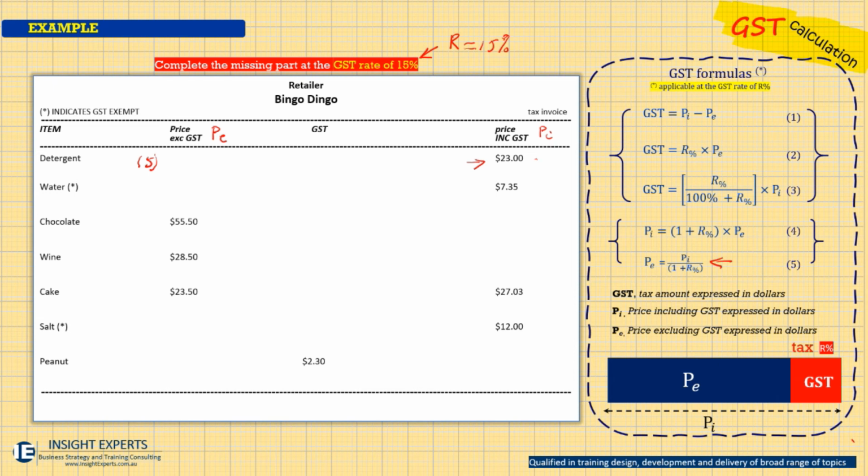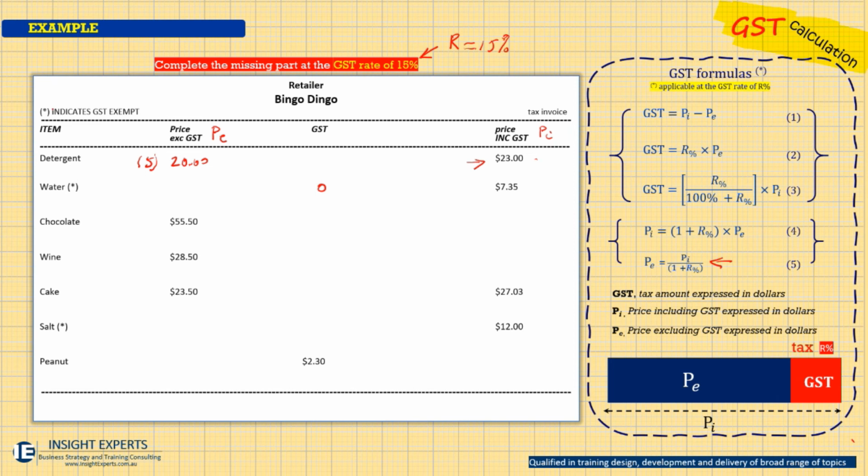For example, the peanut, where we have the price, we have the GST amount, and to calculate the PE, we use equation number 2. If we do that, we get 15.33.